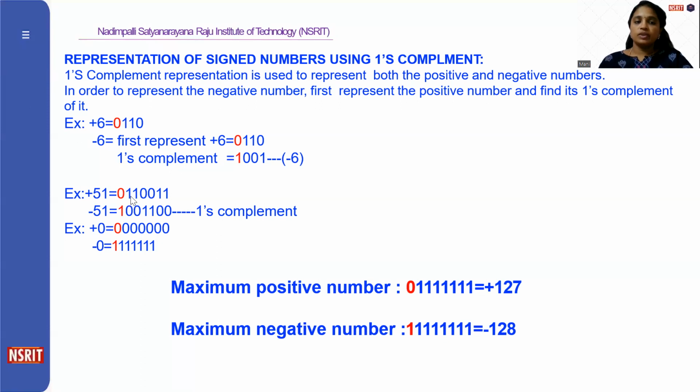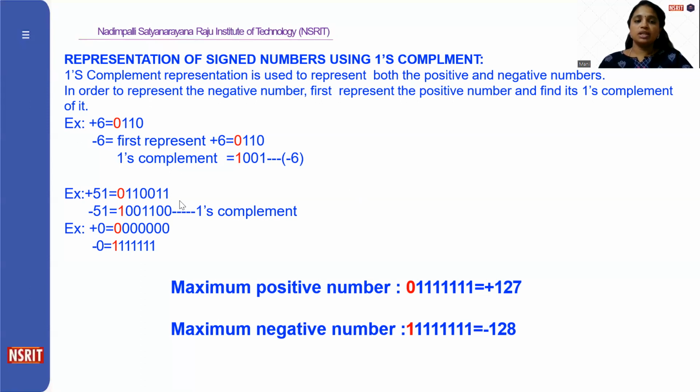The remaining bits, what 51 has, must be complemented: 1 becomes 0, 1 becomes 0, 0 becomes 1, 0 becomes 1, 1 becomes 0, 1 becomes 0. So this is the representation of minus 51 in 1's complement.